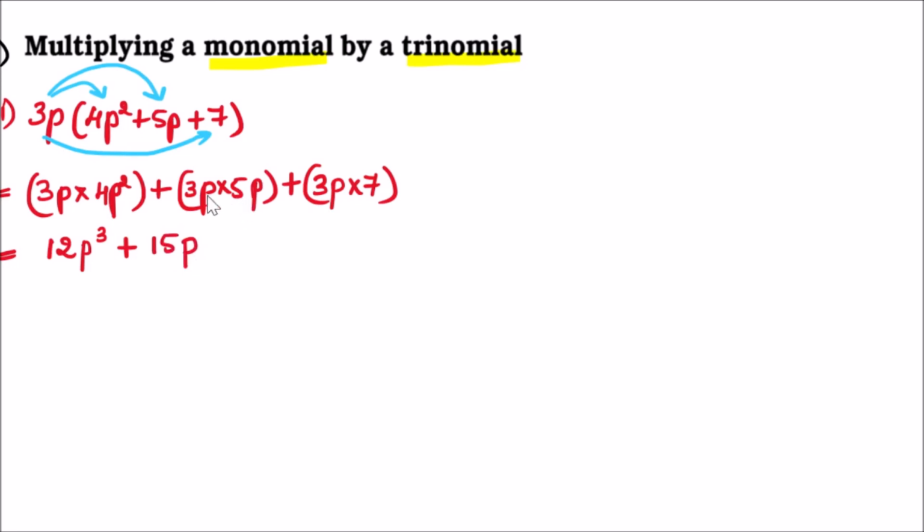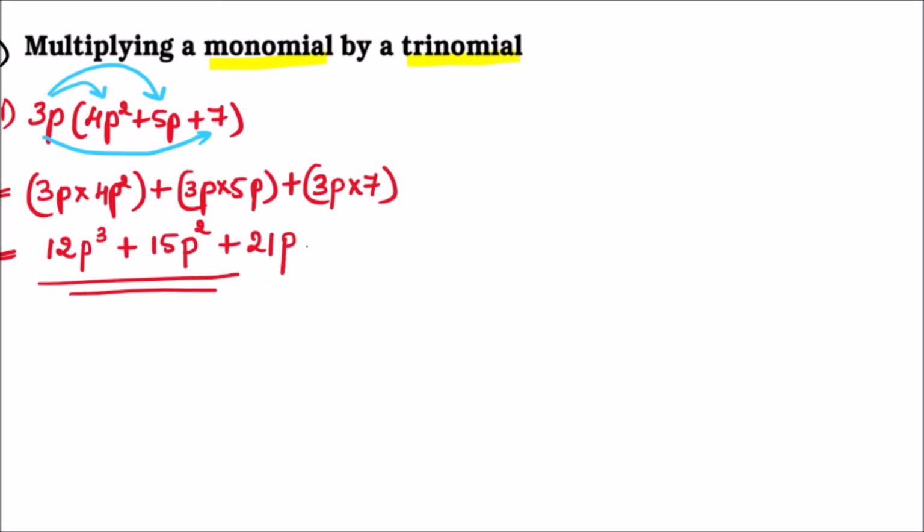Okay. So it is square. P into p is p square plus 3p into 7. 7 3s are 21 p. Okay, this is your answer. Further you cannot go for calculation, isn't it? They are unlike terms, so we cannot add them. So the answer will be 12p cube plus 15p square plus 21p.